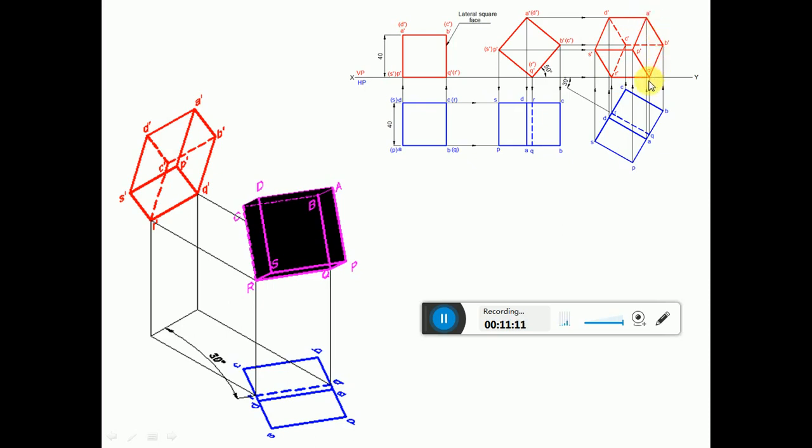So dark them with a continuous dark line. Then similarly, when you look from the front view, PQRS is near to the observer, so it becomes visible. So you dark between S dash to P dash and P dash to Q dash.